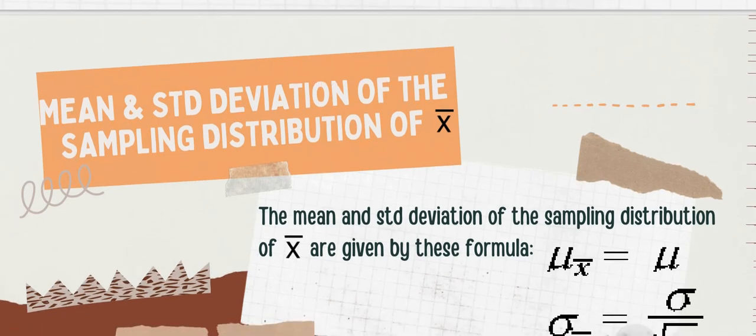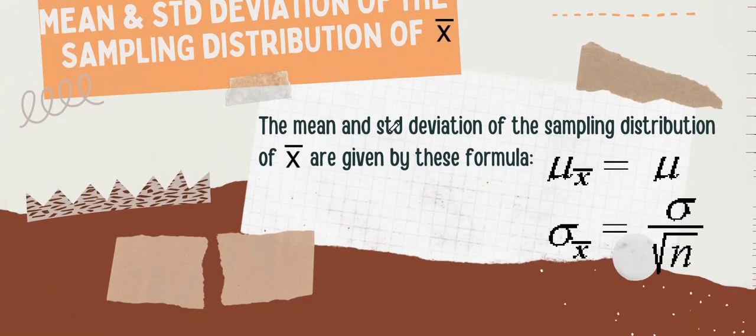But now, the mean and standard deviation for the sampling distribution are given by this formula. Dia tak sama macam mean yang step number 2 tadi. Okay, just accept it first. Sekarang ni you just accept because you have no idea what it is. Then I will show you an example later.